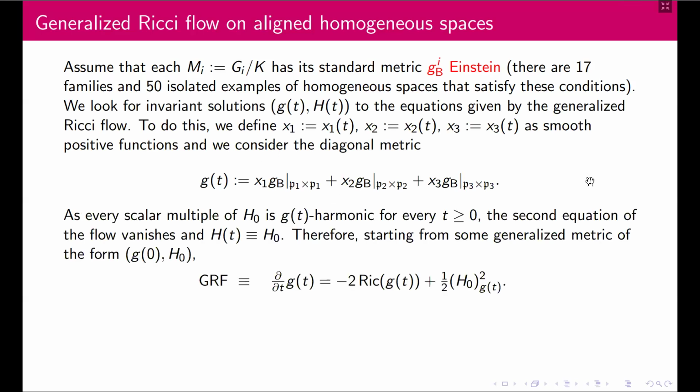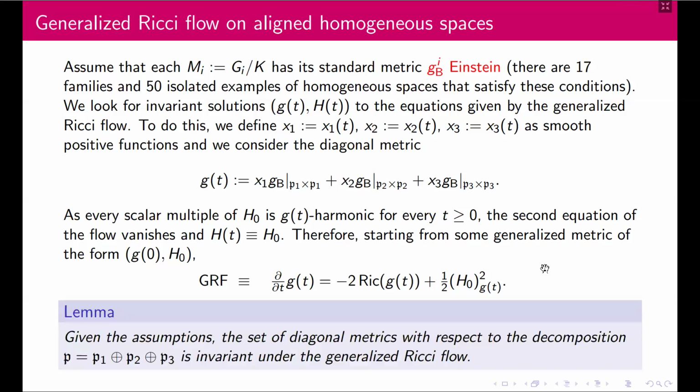And we know that H0 is Gt-harmonic because it was harmonic for any diagonal metric, for every positive t. So the second equation, which flows the three-form, vanishes, and starting from some generalized metric of this form, the generalized Ricci flow in this case is only given by the first equation.